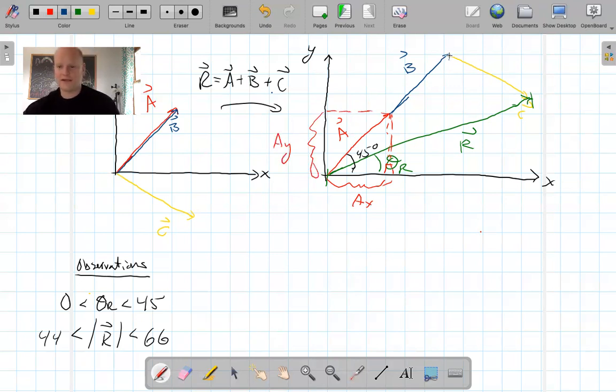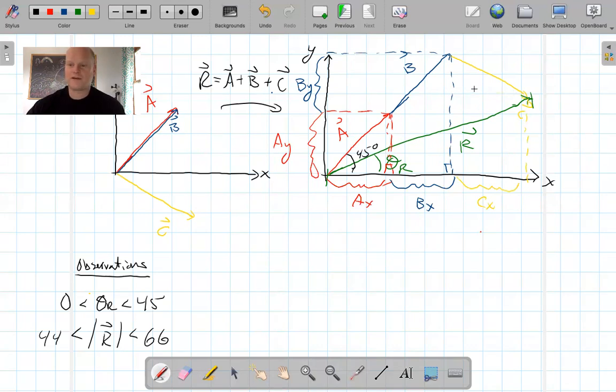If I drop a perpendicular from B, this length across here is BX, and this distance here is BY. And finally, if I drop my perpendicular from the yellow one, C, this distance is CX, and from up here, this one is CY.